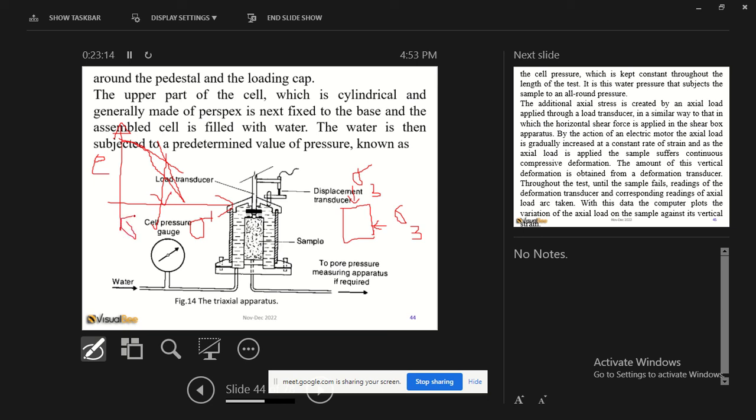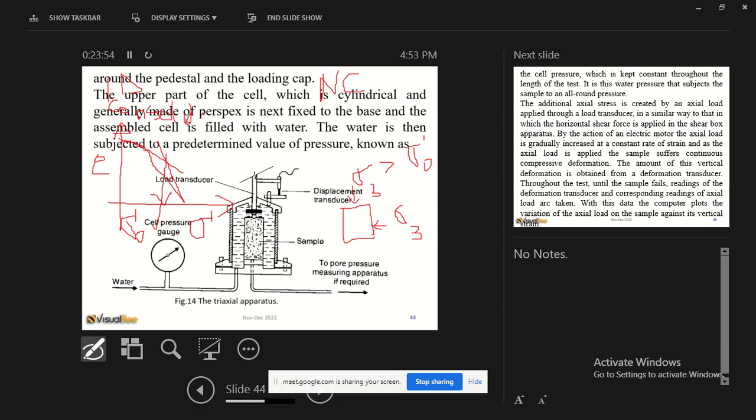Let's call it sigma naught. Normally in this test we make sure the soil is normally consolidated. We don't want over-consolidated soil. That means this consolidation pressure has to be at least greater than sigma naught, the pre-consolidation stress from the 1D consolidation test. So please note that is very important.